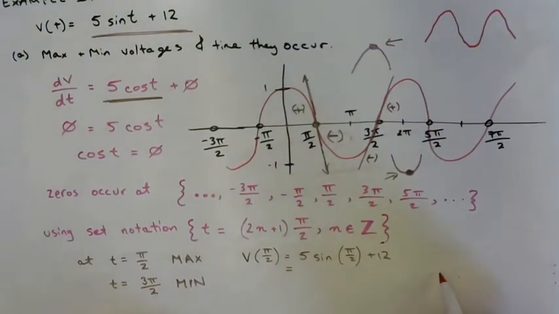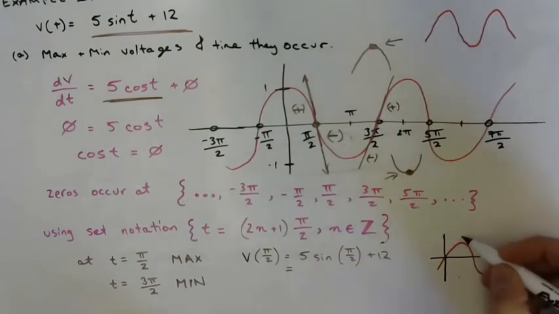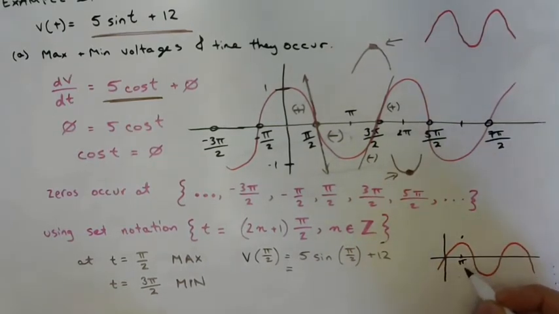And maybe I'll just do it down here. So right here is pi over 2 on the sine curve, and has a max of 1, and that's where it hits its max. So the sine of pi over 2 is 1. You could also think about your unit circle.